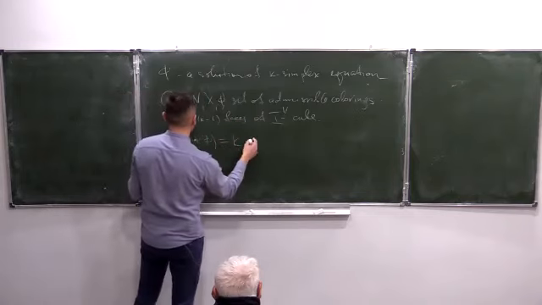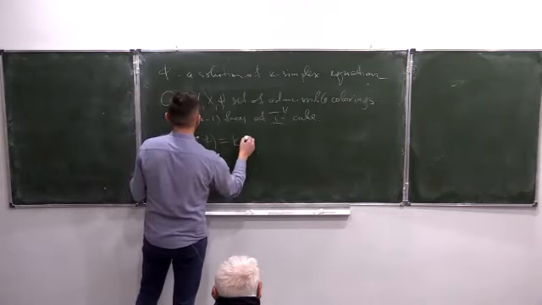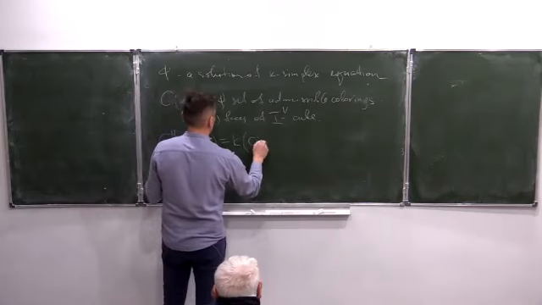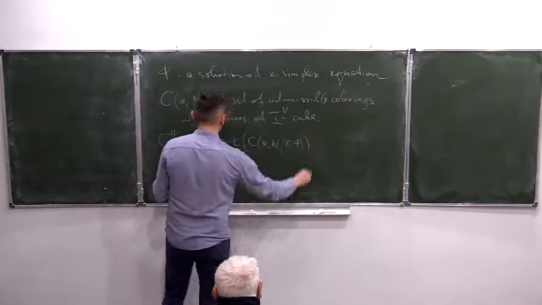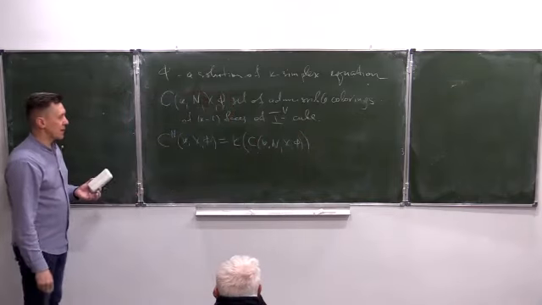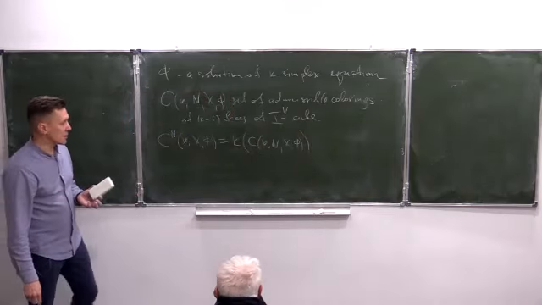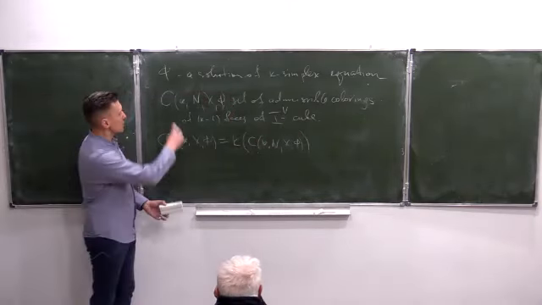K is a field. C_K^n(X, phi) is just a vector space generated by a set.